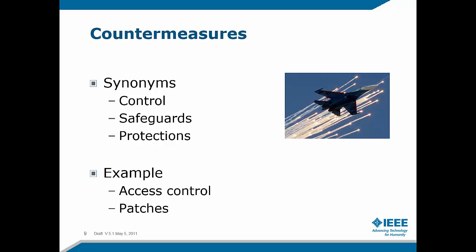A countermeasure is what prevents a threat agent from taking advantage of a vulnerability or vulnerabilities through an exploit. Countermeasures are the same as controls, safeguards, or protections. Some of the examples of the countermeasures include things such as access control mechanisms or patches to the existing vulnerabilities.